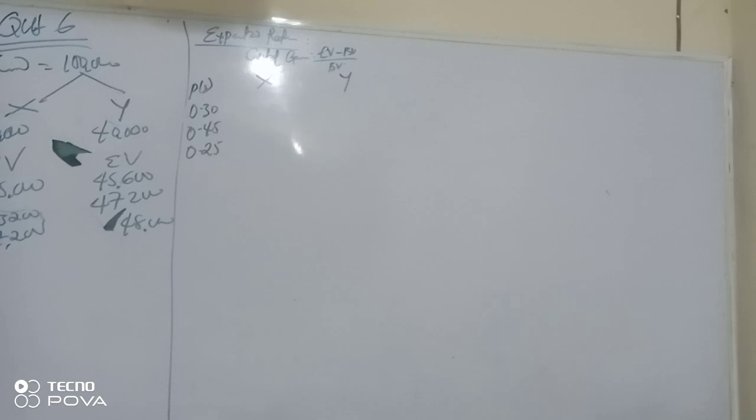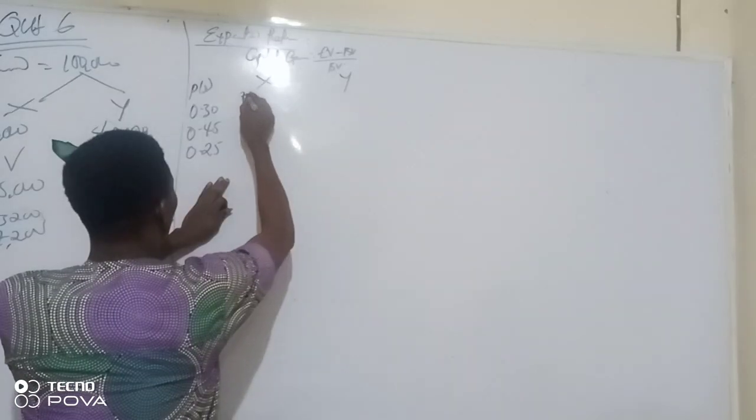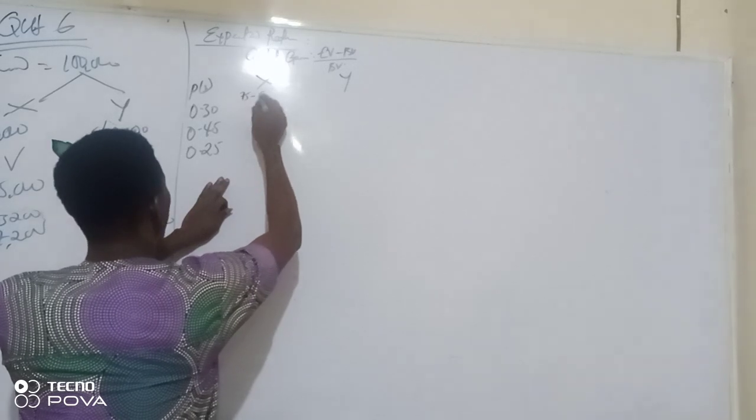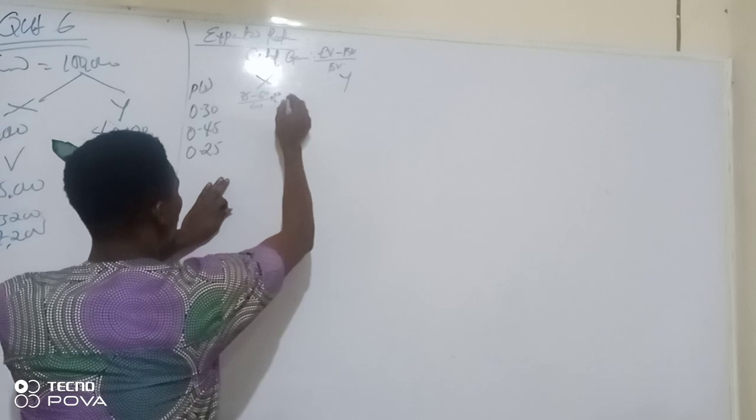How much do we invest? 60. This is your beginning value. That will be 75 minus 60, divided by 60, times 100.